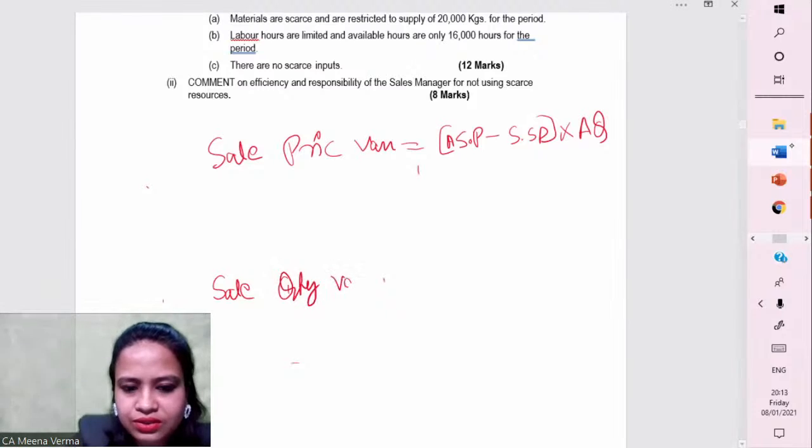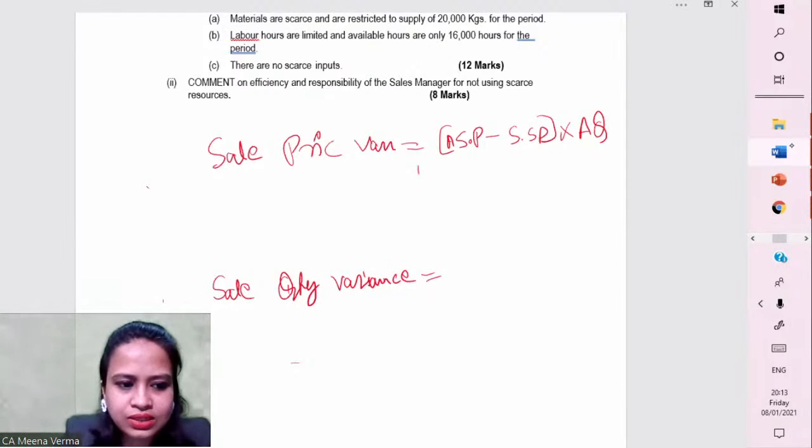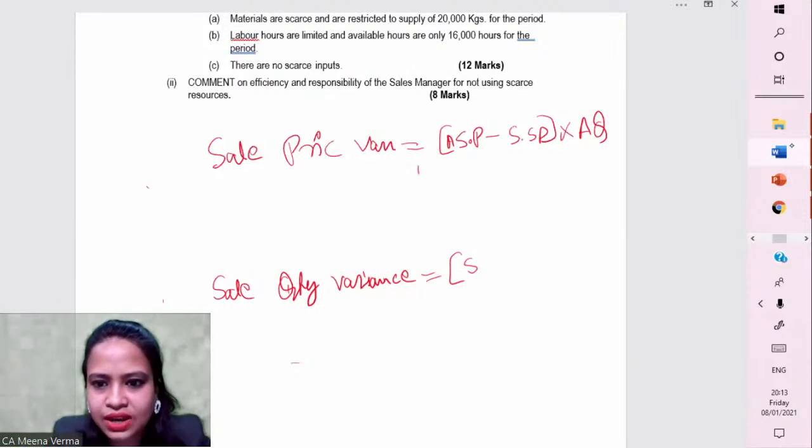Sale quantity variance: standard quantity into actual quantity into standard price.